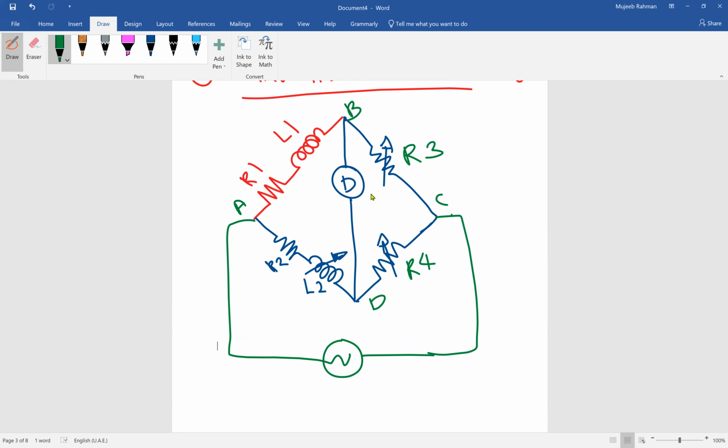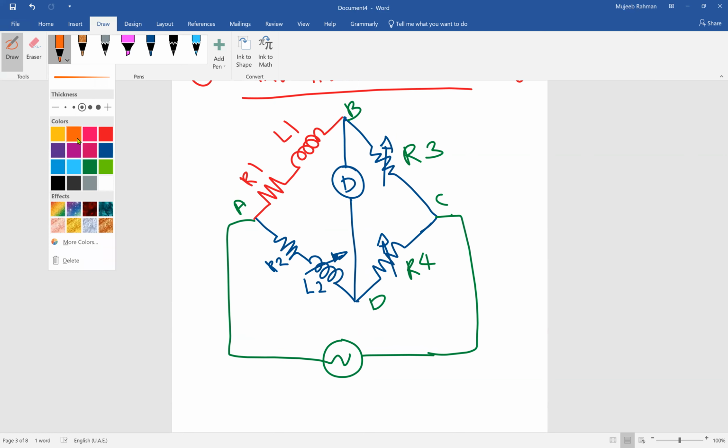As we have mentioned, in AC bridges a balance is achieved by adjusting the variable components such as the L2 value, R2 and R3. So we reach a balance point, or the equilibrium point. The balance situation is indicated by the null reading of the detector.